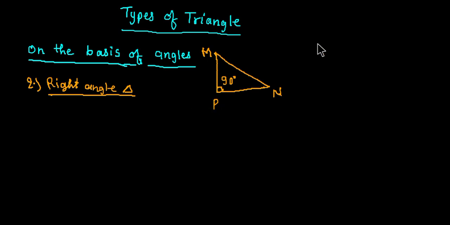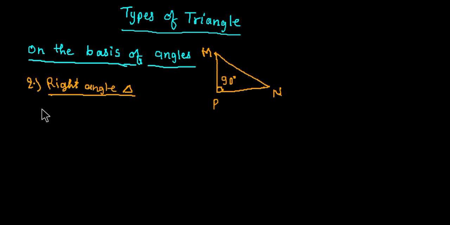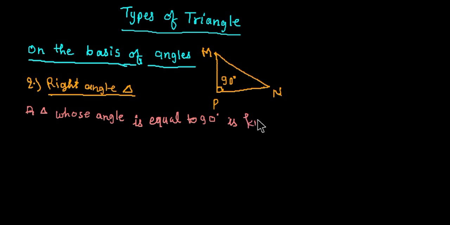Okay, so let's write the definition of the right angle triangle. What is the definition? A triangle whose one angle is equal to 90 degrees is known as a right angle triangle.